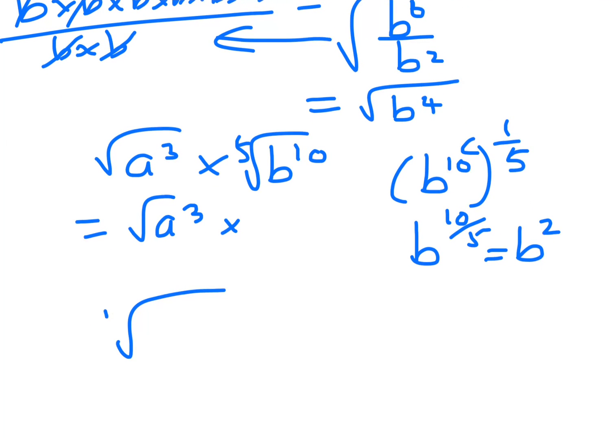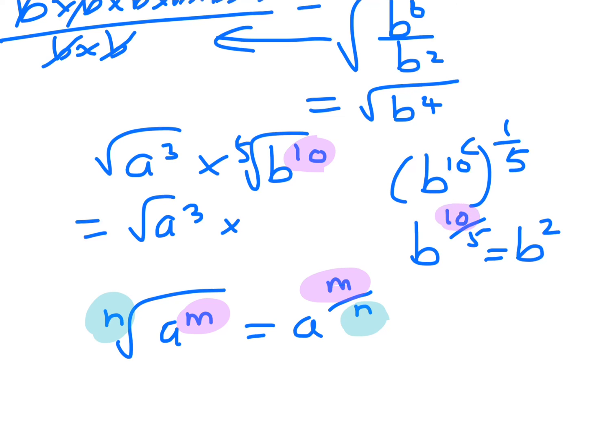I'm not sure if you've done this one where you do the nth root of a to the m is a to the m on n. A way to remember is the root is at the floor, so that's on the bottom, and what's on top stays on top. So that's why that 10 will go as an indice there, and the root will go on the bottom, and 10 on 5 is b squared.